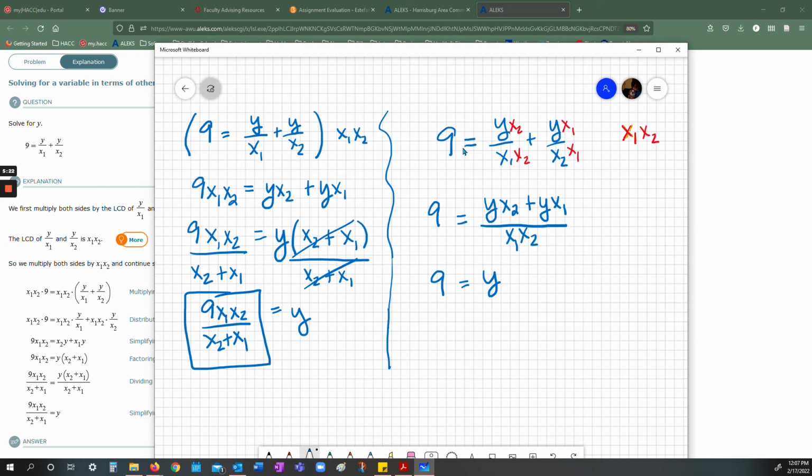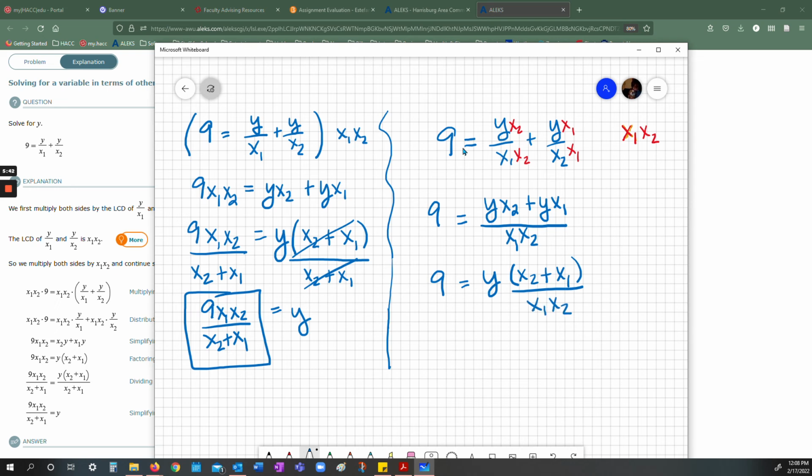I can factor it all the way out front of this expression. If you're factoring something out of the numerator, you can just bring it all the way out front. And so then we'll have x sub 2 plus x sub 1 over x sub 1, x2.